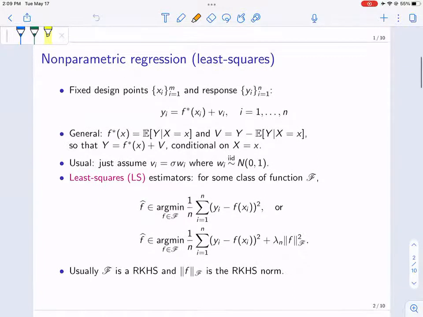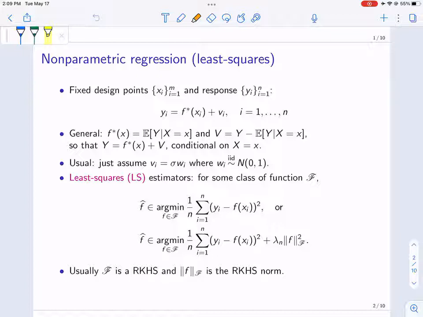What I think is useful to do is to talk about non-parametric regression, because as we'll see, there are some techniques that are used here that are very useful. So that's what I'm going to do, and we'll see whether we have time to talk about anything else.